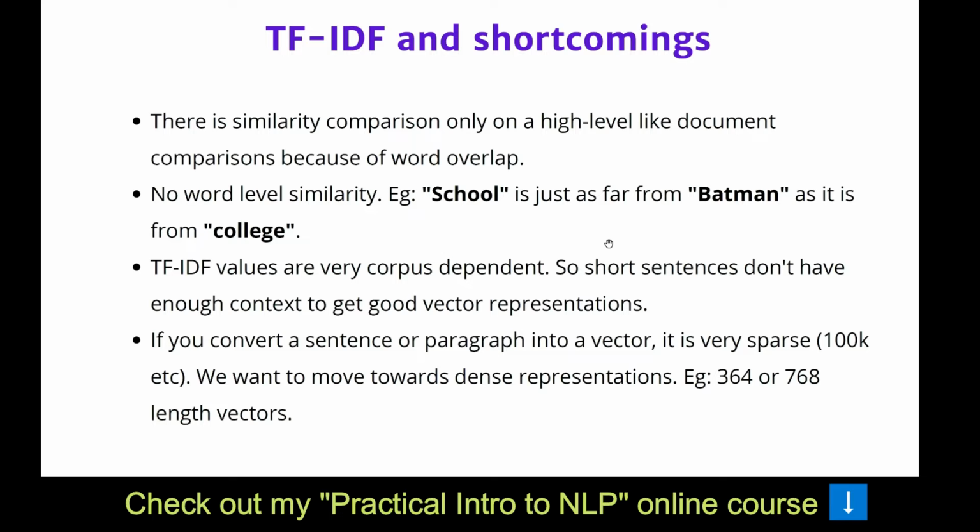TF-IDF values are also very dependent on the corpus. When you have short sentences, you don't have enough context to get good vector representations or to do comparisons or classifications, because it's going to be a very sparse vector.